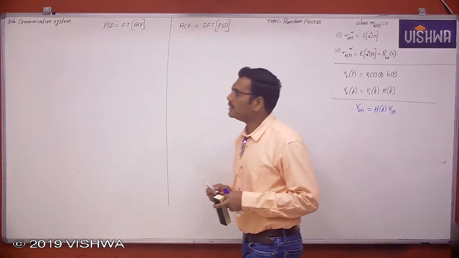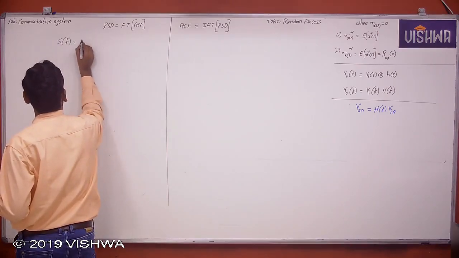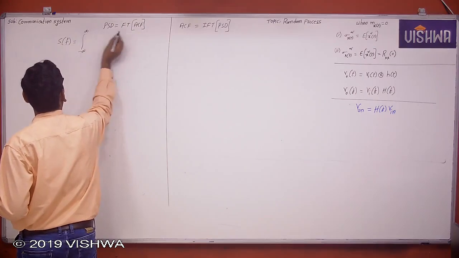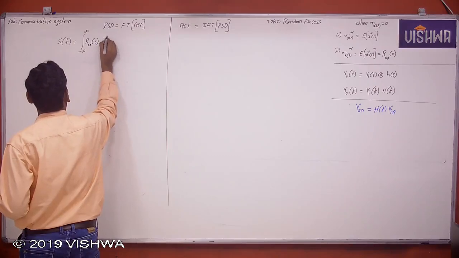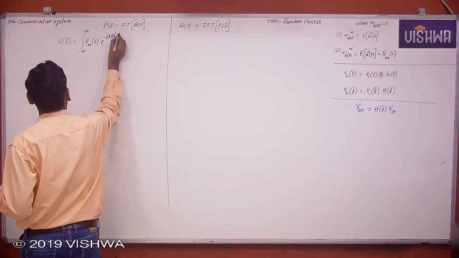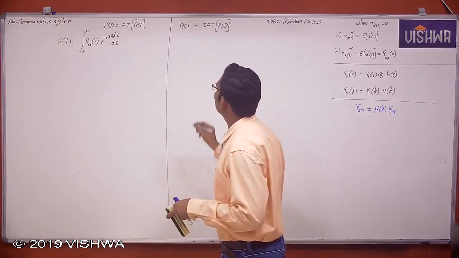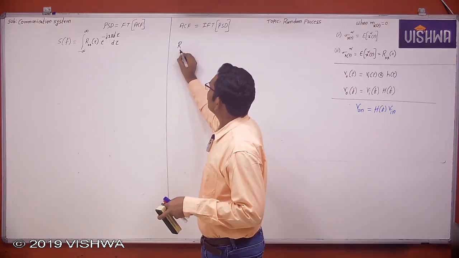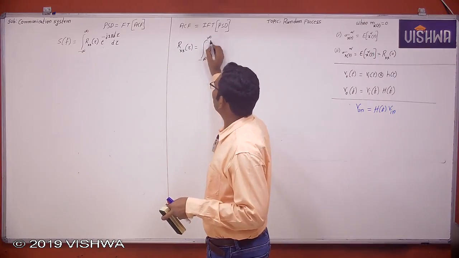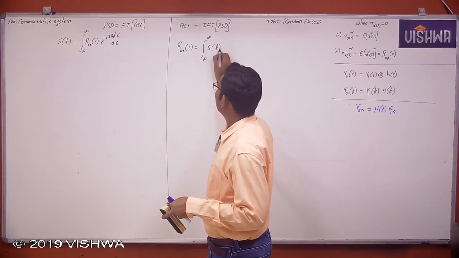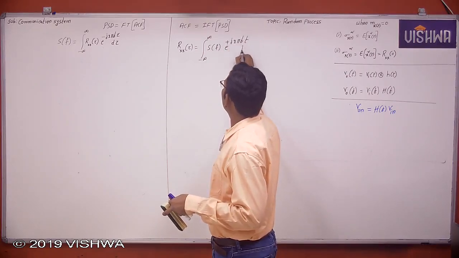Power spectral density S of f is equal to the integral from minus infinity to infinity of the autocorrelation function Rxx of tau e power minus j 2 pi f tau d tau. Now, the autocorrelation function Rxx of tau is the inverse Fourier transform of the power spectral density, into e power plus j 2 pi f tau df.